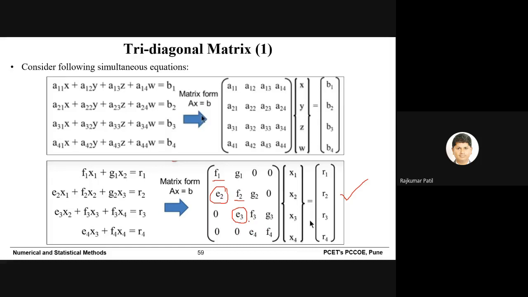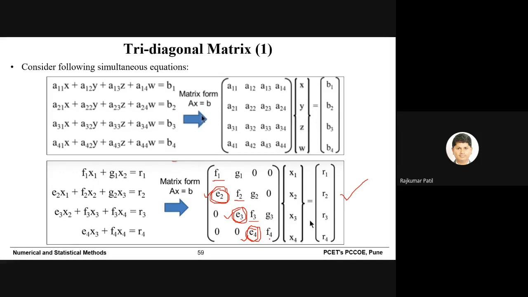Then in third step, we consider F3 as pivoting point and we make E4 as 0. And in every step, that is converting E2 to 0, E3 to 0 and E4 to 0, we perform row operations.